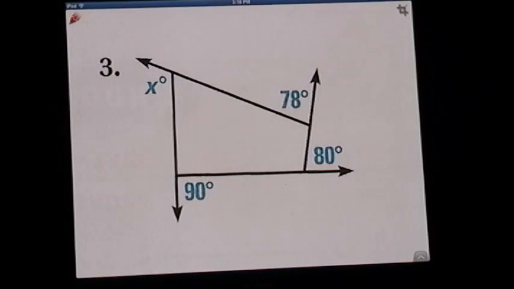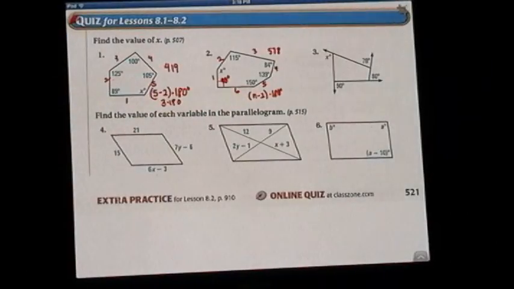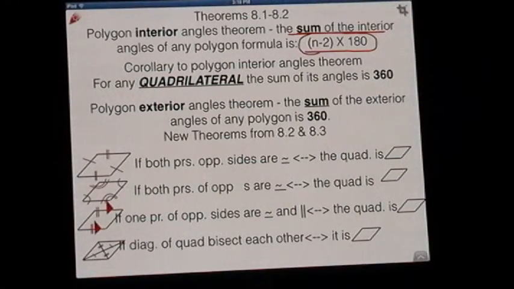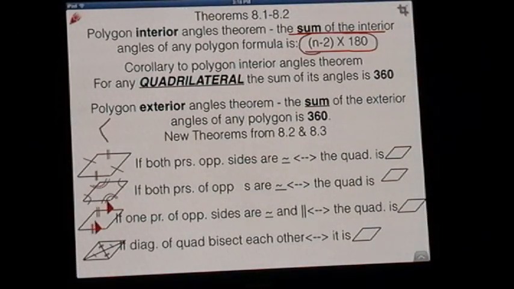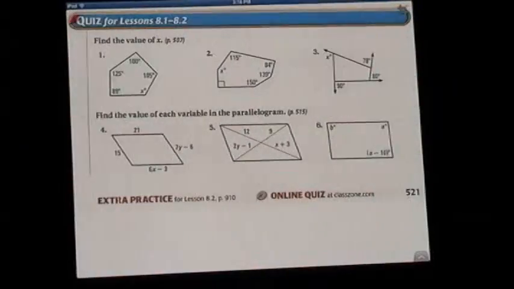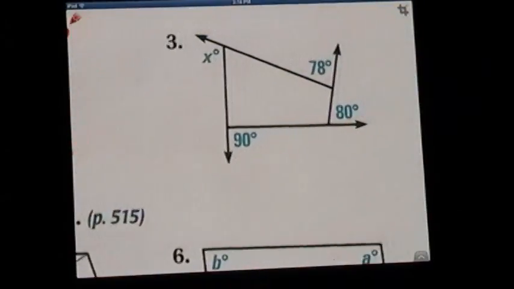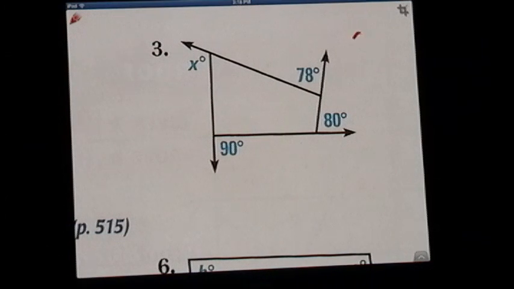Exterior angles. It's a good thing you have pictures, because when you go back and look, you should have a picture of the external angles that looks just like that one. So you find your equation. It says the sum of the exterior angles of any polygon is 360. So it's going to equal 360.